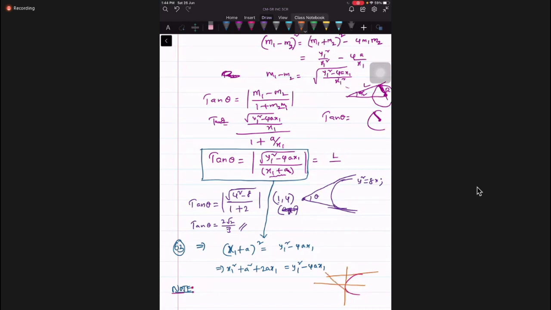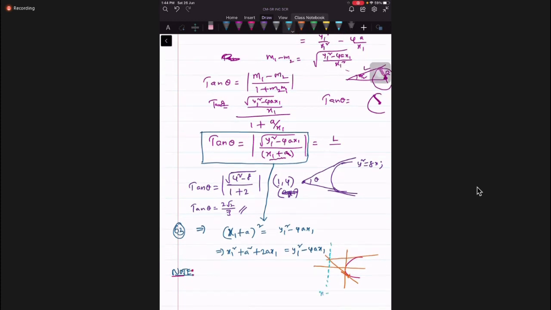Their point of intersection is on the directrix. What is the angle between them, students? 90 degrees. Reversely, same point. Perpendicular to each other, yes? And this point proof also we have taken, students.